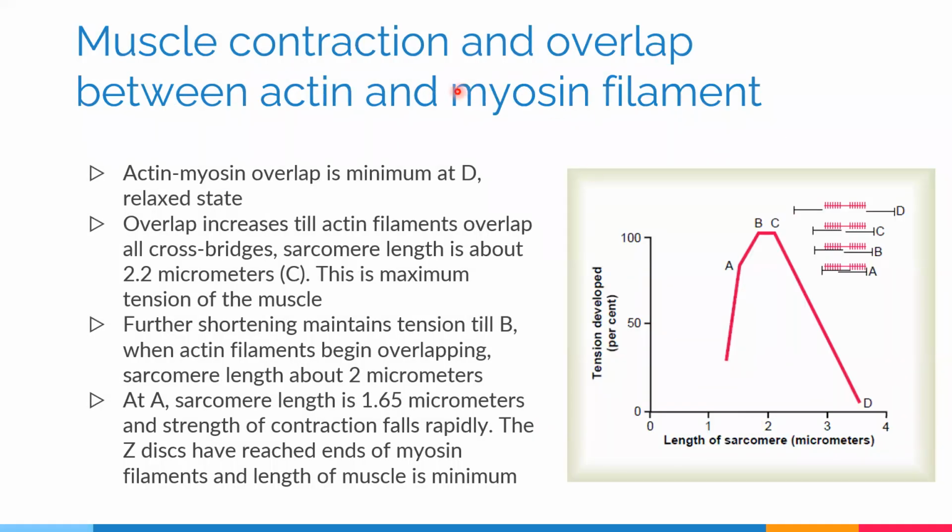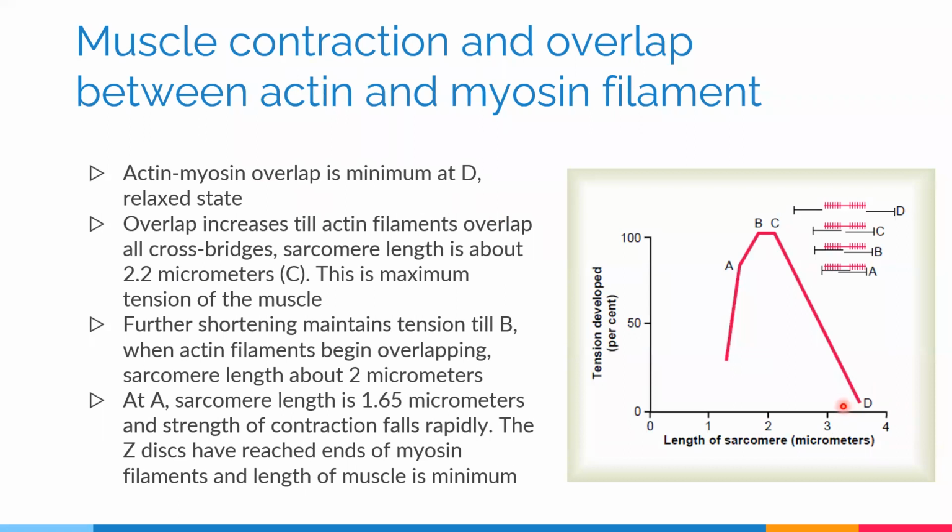So we continue with muscle contraction and overlap between the actin and myosin filaments. So how does muscle contract? The force of muscle contraction is related to the overlap that we were just discussing in the sliding mechanism slide. The actin myosin overlap is minimum at D in the relaxed state, that is shown right here.